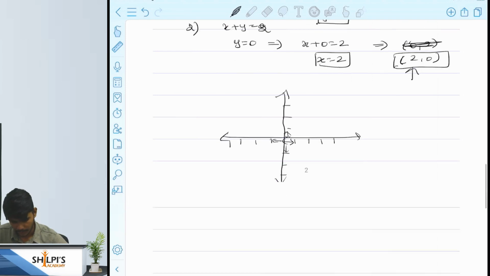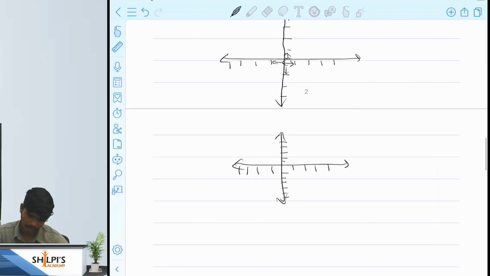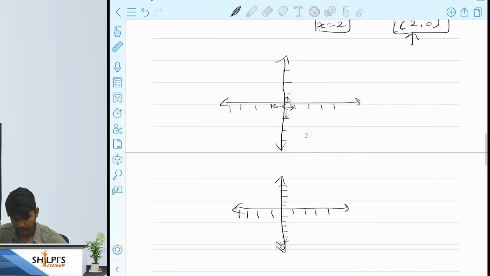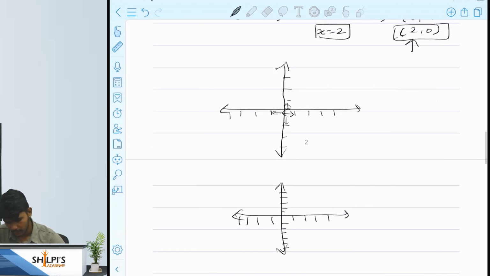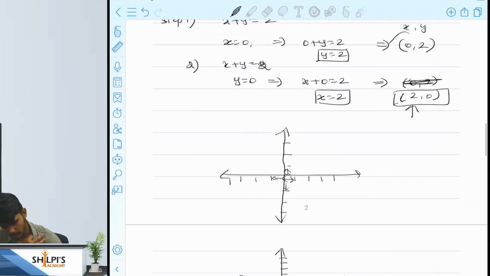For example, if I am taking this gap for 1 unit in x, and in y I am taking a different gap for 1 unit, the graph will not be in a proper manner. So you should define the units like this, and see where 0 comma 2 will be.